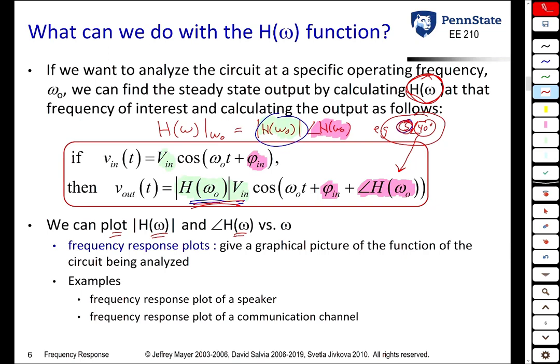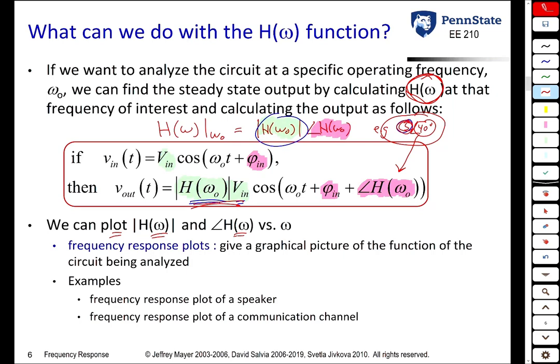That's exactly what it's telling you, how that speaker works at different frequencies of an input signal. You also have these frequency response plots in a communication channel to see how a particular communication channel, a fiber optic cable, a coaxial cable, air, any type of communication channel might change the input signal as it goes through the channel.